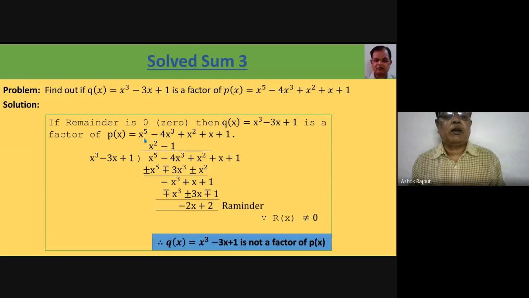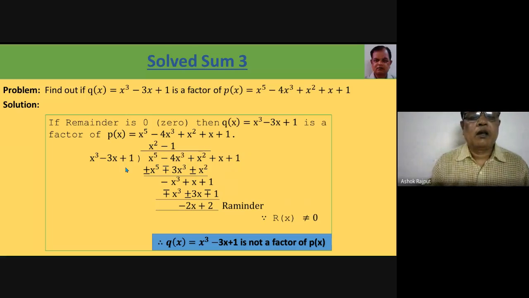Then we will divide x raised to the power 5 minus 4x cube plus x square plus x plus 1 by x cube minus 3x plus 1.